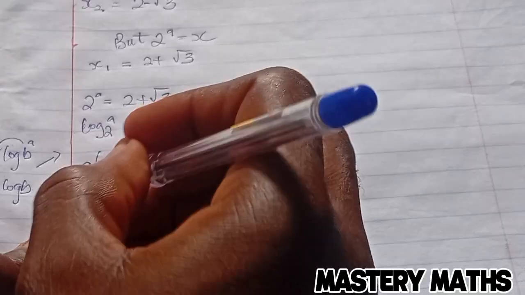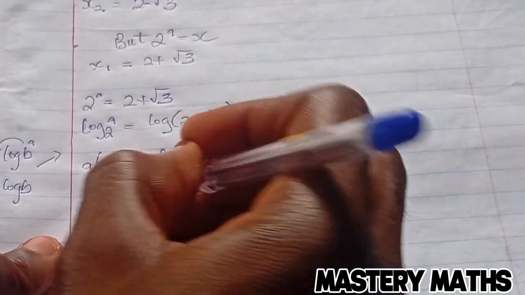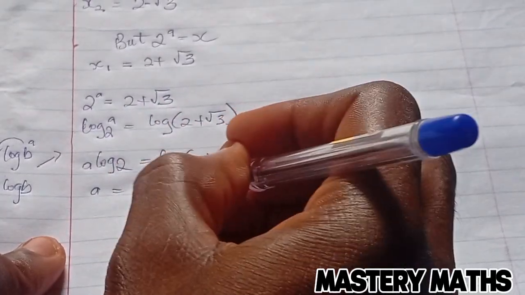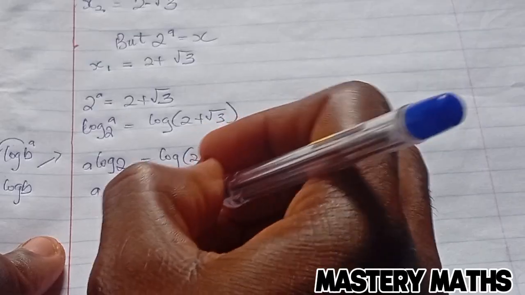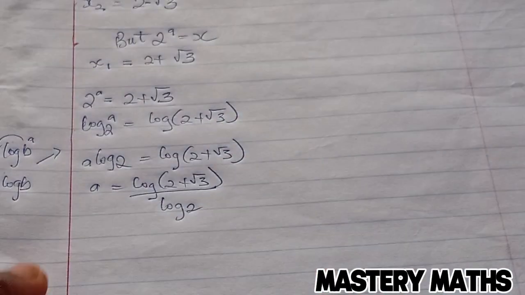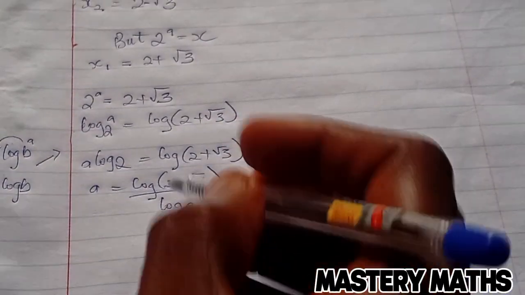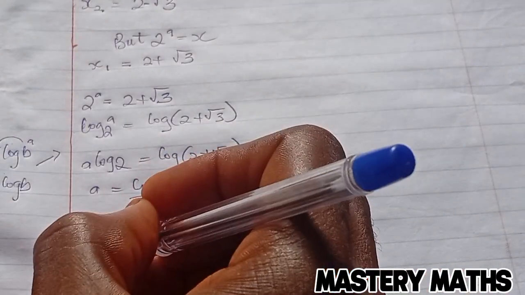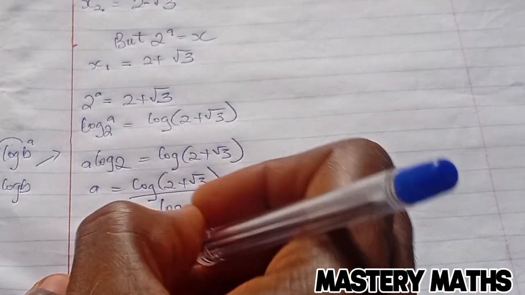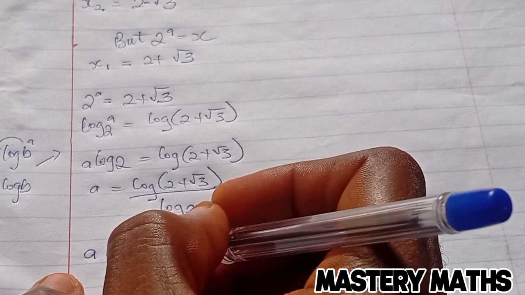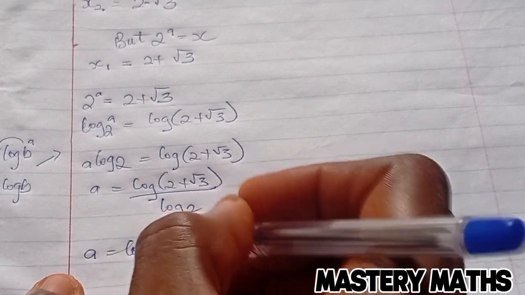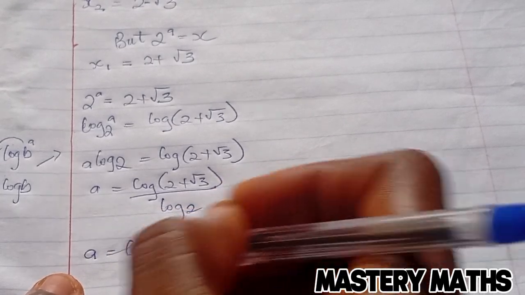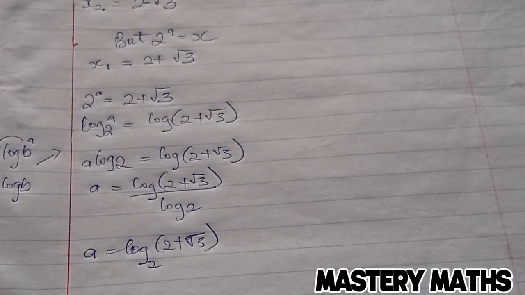We divide both sides by log 2, it becomes a is equal to log of 2 plus root 3 all over log 2.